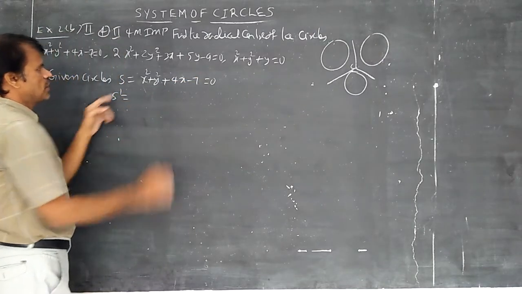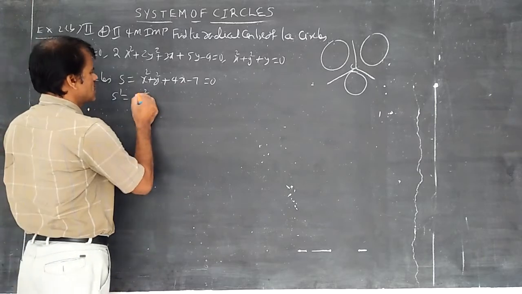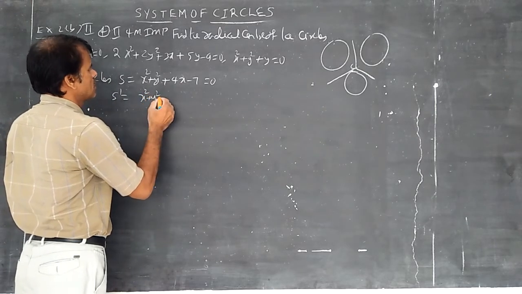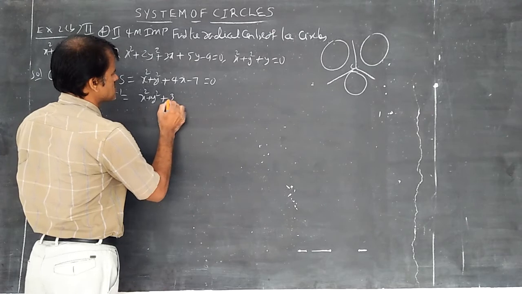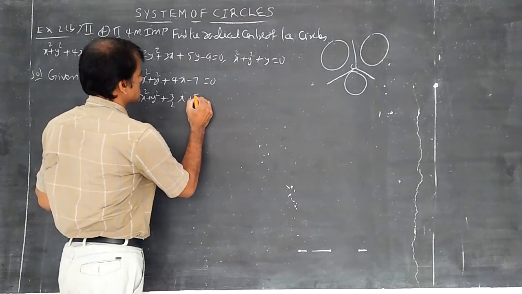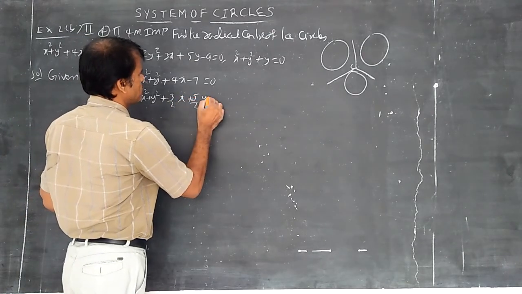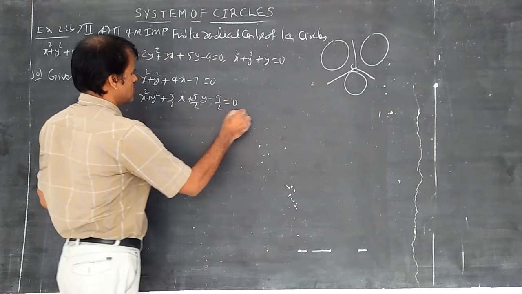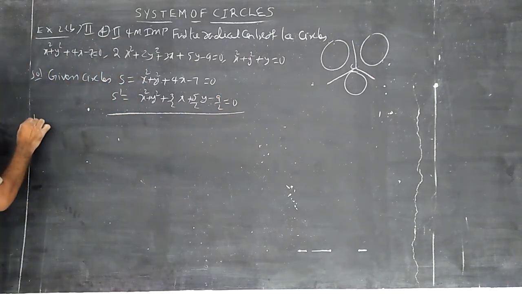Next, S dash, write with standardization. Standardization is required here: x square plus y square plus 3 by 2 x plus 5 by 2 y minus 9 by 2 equal to 0.